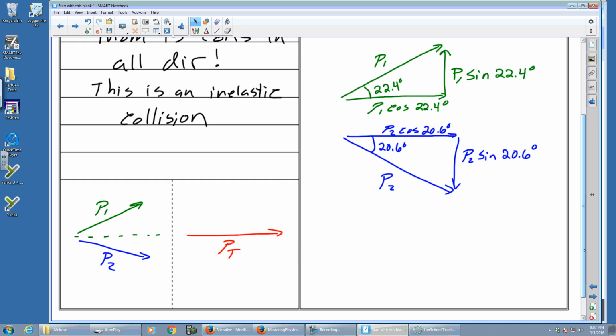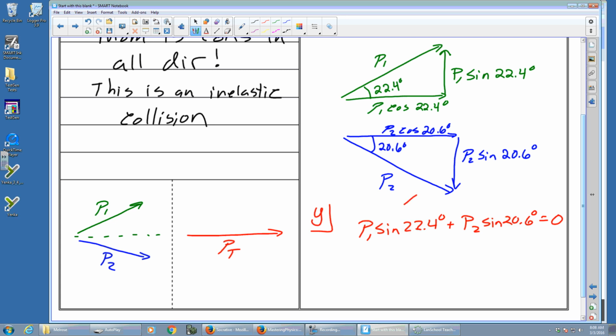So because the final momentum here has to be just in the x direction, I'm gonna do the y direction first. And in the y direction, I have P1 sine of 22.4 degrees plus P2 sine of 20.6 degrees equals 0.